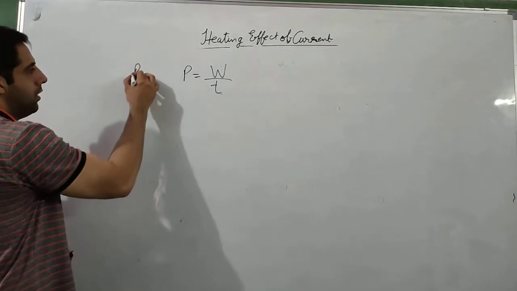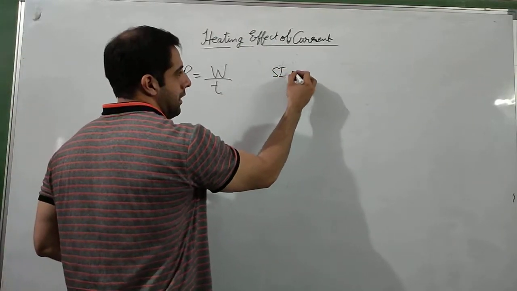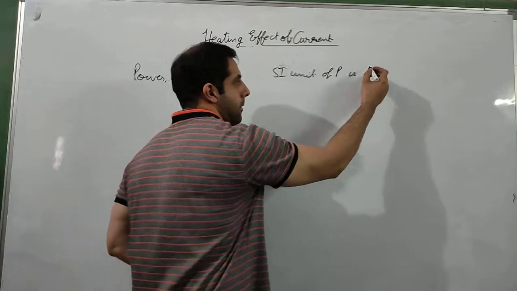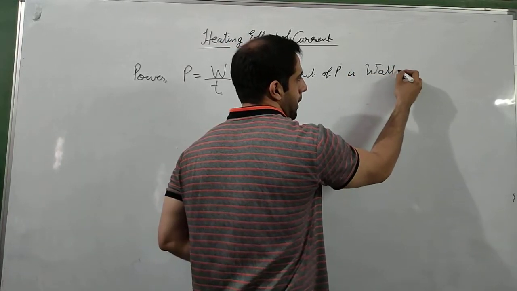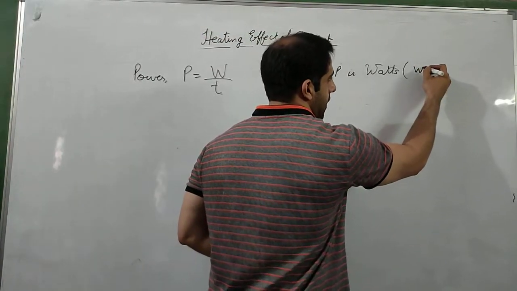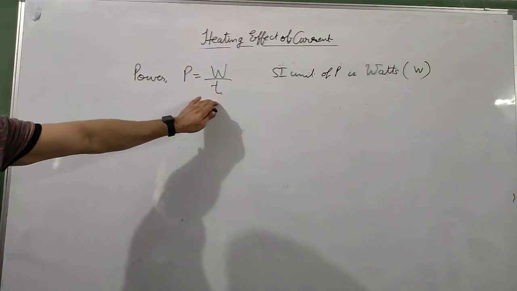And what is the unit of power? The SI unit of power is watts, and it is denoted by capital W. So power is equal to work done upon time.